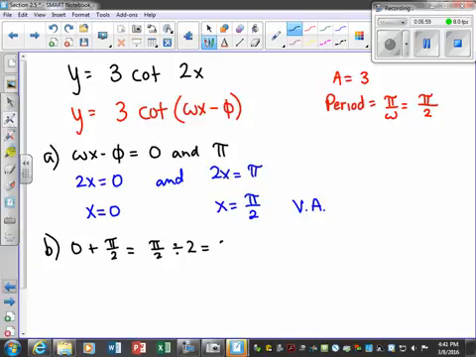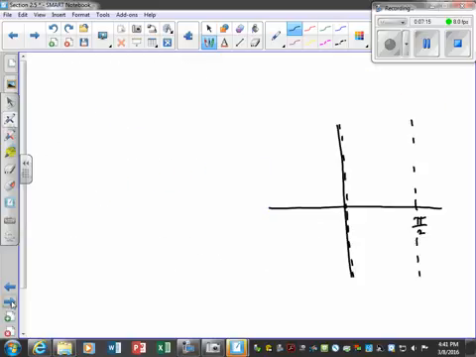If I show all the algebra, dividing by 2 is the same as multiplying by 1/2, so that's just pi fourths. So the midpoint is x equals pi fourths, and pi fourths is here. Okay, that's part B.